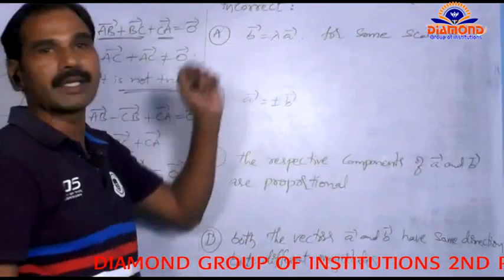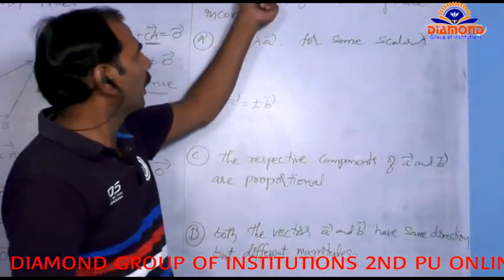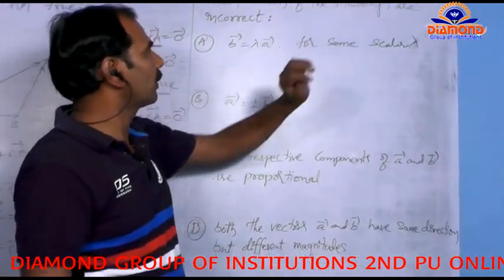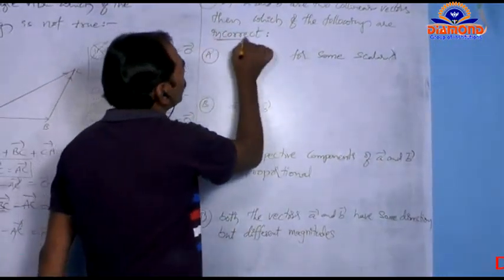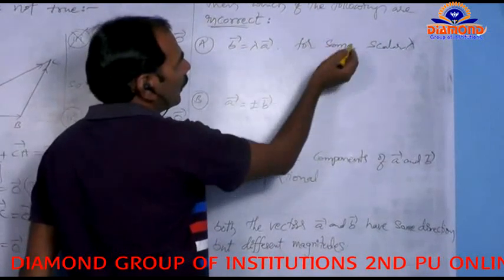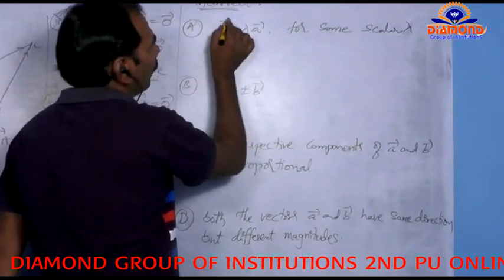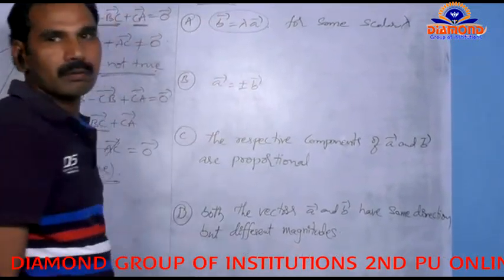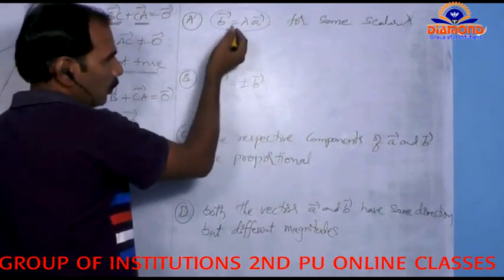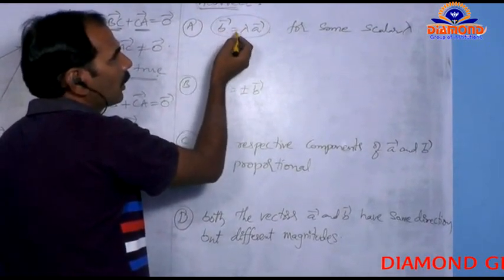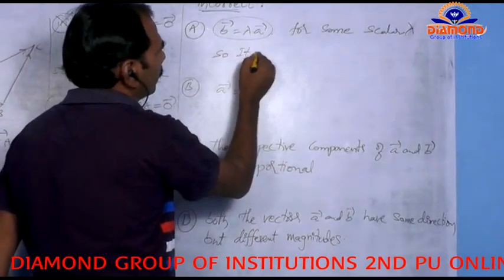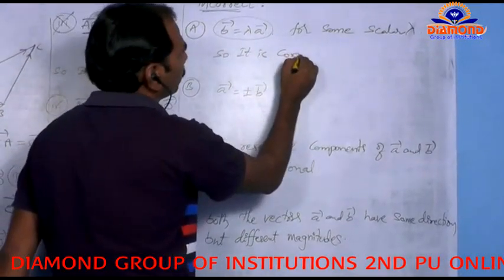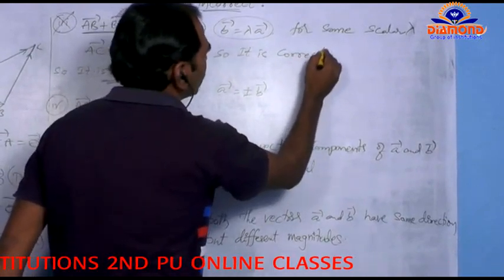Question number 19. If A bar and B bar are two collinear vectors, which of the following are incorrect? Collinear means, as you already know, B bar equals lambda A bar. That is correct by definition.